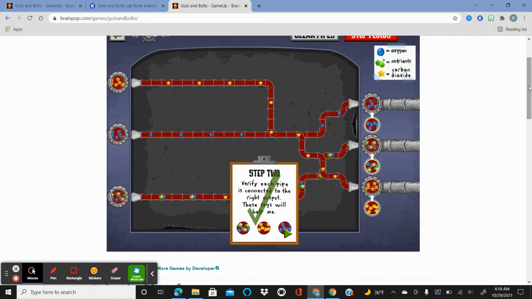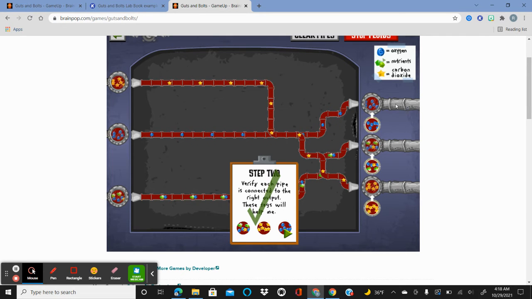Okay, so for step 2, you'll see over here, what are these? Well, I look over here, right? It's carbon dioxide, oxygen, and then these are mixed. There's carbon dioxide, there's oxygen, and there's nutrients, right? That's what's going in. What's coming out?